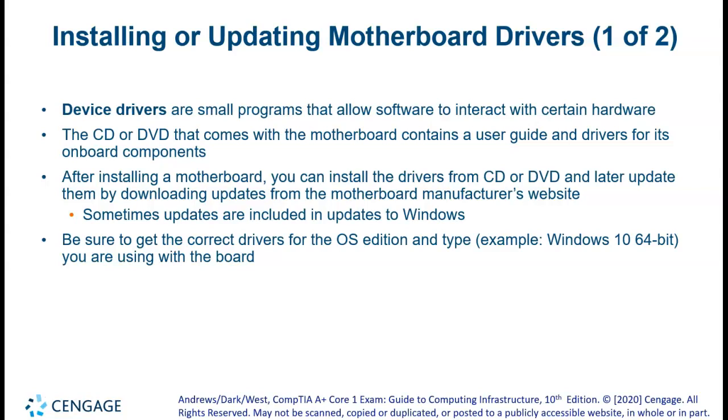After installing a motherboard, you can install the drivers from the CD or DVD and later update them by downloading updates from the motherboard manufacturer's website. Sometimes updates are included in updates to Windows. Be sure to get the correct drivers for the OS edition and type. For example, if you're using Windows 10 64-bit, get the drivers for Windows 10 64-bit. Don't get the 32-bit drivers.